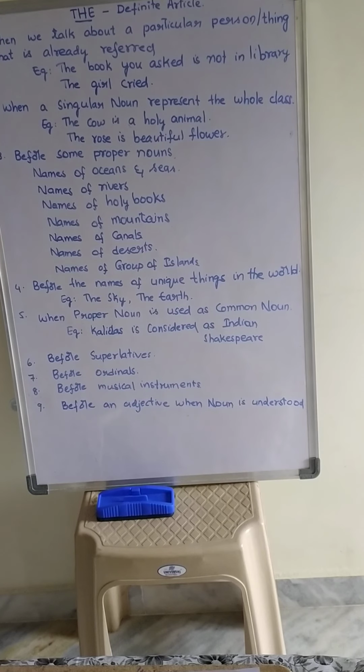Next, before an adjective, when the noun is already understood. The poor are always with us. The rich should help the poor. So like that, we have to use the article the.